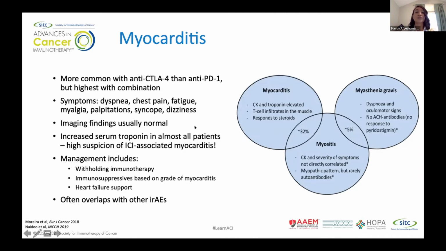But if there's any suspicion for myocarditis, draw troponins, and if they're elevated, there's a high suspicion that the patient is having an immune-mediated myocarditis. For management, we hold the immune checkpoint inhibitor, initiate corticosteroids based on the grade, and of course provide any heart failure support. Do remember that myocarditis can overlap with other IRAEs like myasthenia gravis and myositis.